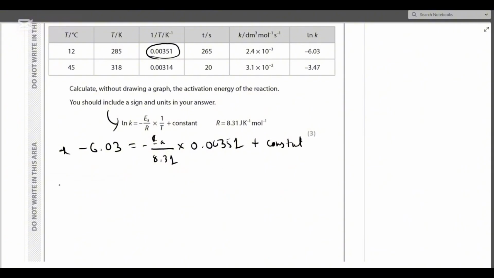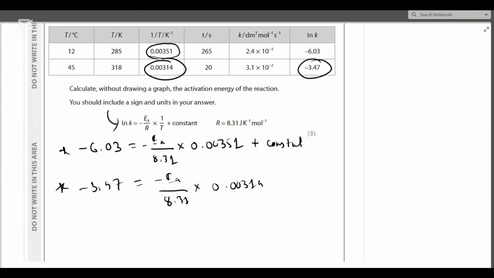So this is our first equation, and the second equation would be negative 3.47 equal to negative Ea, again over 8.31, times 0.00314 plus constant. So now in the simultaneous equations we have Ea as one variable and the constant as another.